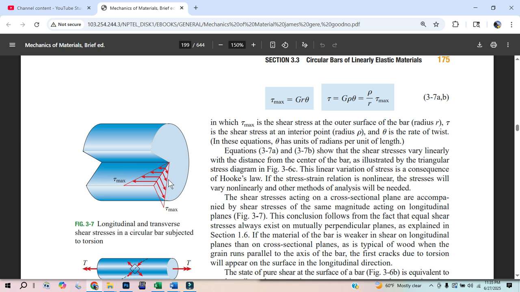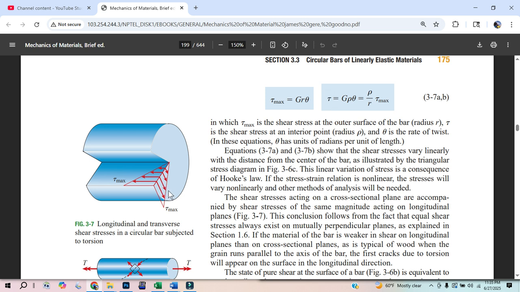Because I know its distance rho, I know what its shear is.